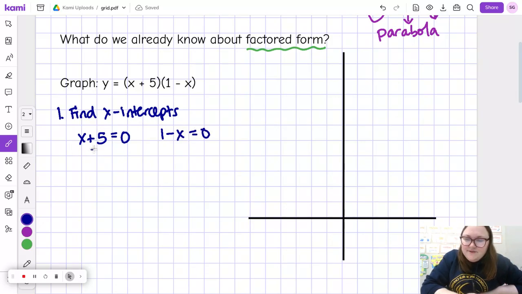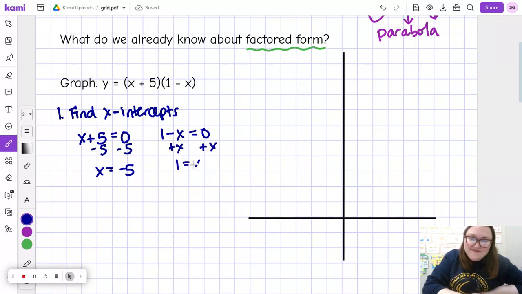When you solve this first equation, you can just subtract 5 on both sides, and we have an x-intercept at negative 5. To solve this equation, I can just bring x to the other side of the equation, and I've got an x-intercept at 1. In that lesson, we talked a lot about writing it with a pair of numbers. And so each of those x-intercepts is a point, and I could represent those points as (-5, 0) and (1, 0).